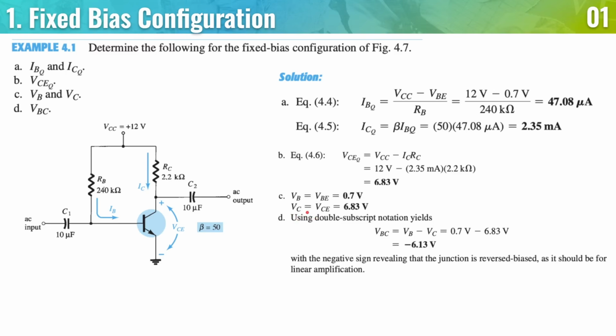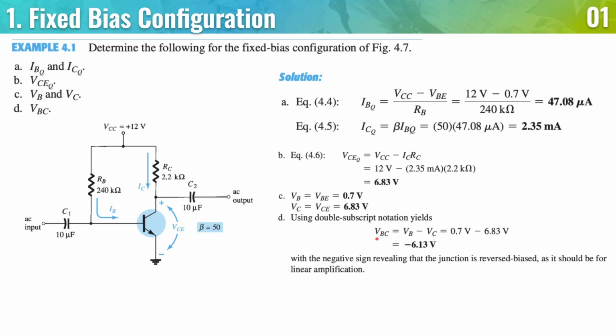Similarly, we have VC equal to VCE equals 6.83 volts. VC is equal to VCE because VC minus VE is just VC minus 0. So that's basically 6.83 volts minus 0. That's why these are the same.